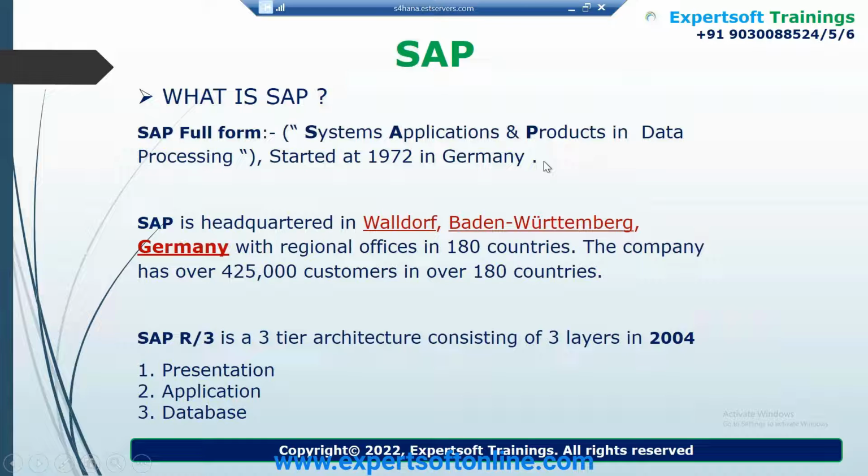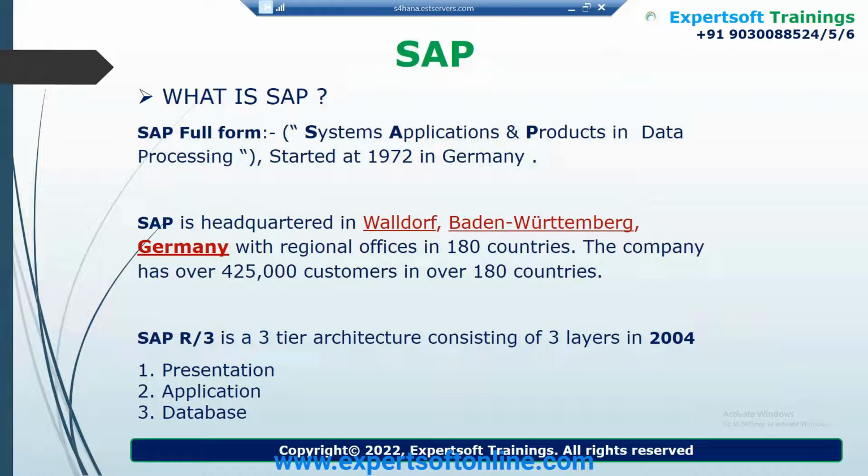Then we will be doing practicals more or less in every session. It's headquartered at Walldorf, Germany, and it has 425,000 customers in over 180 countries. Currently, SAP is the number one ERP. There are multiple ERPs, PeopleSoft, Oracle, Baan, which came before SAP.